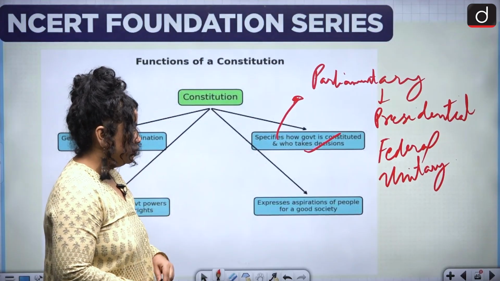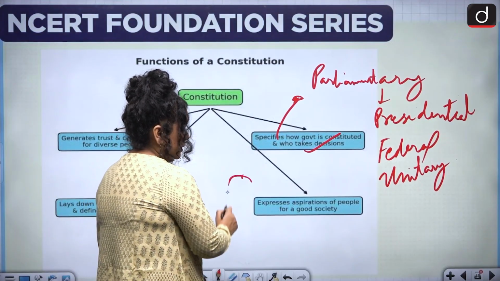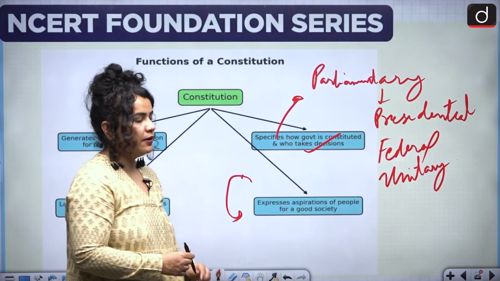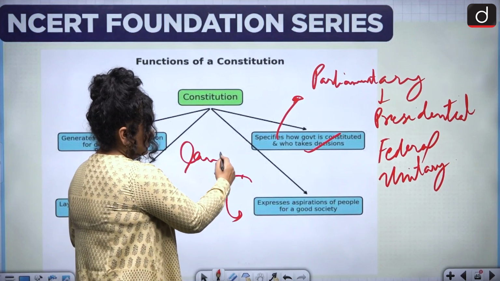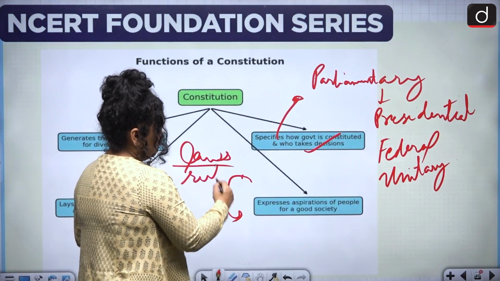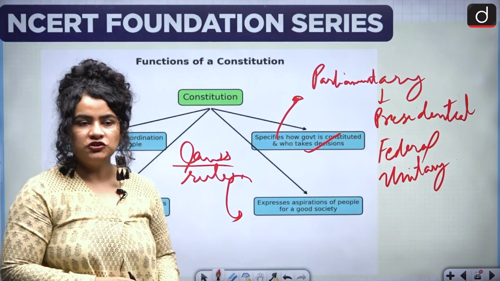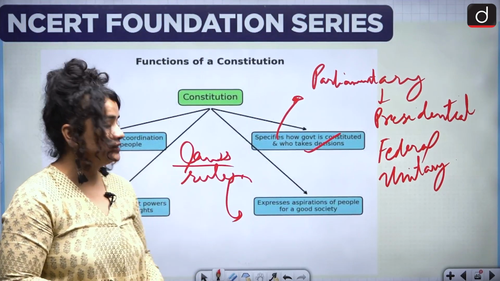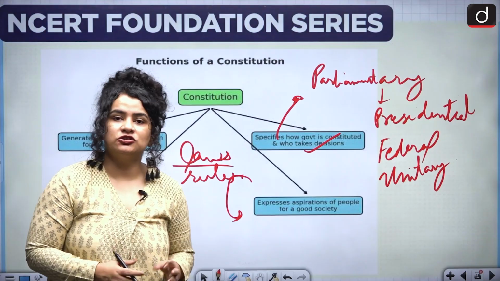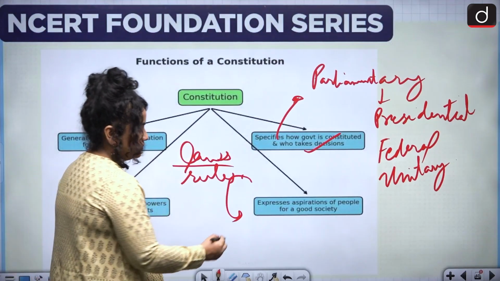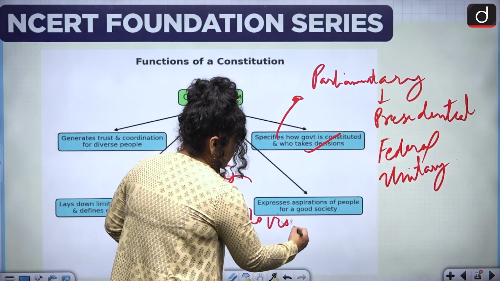Expresses aspirations of people for a good society. So enough about talking about laws and rules. Of course, we are talking about laws and rules when we're talking about the supreme law of the nation, but it also expresses vision and the aspirations of people. Let's say vision of a just society. Okay.